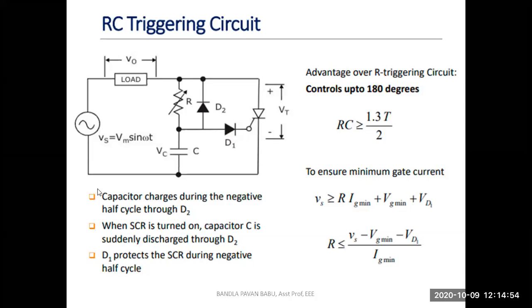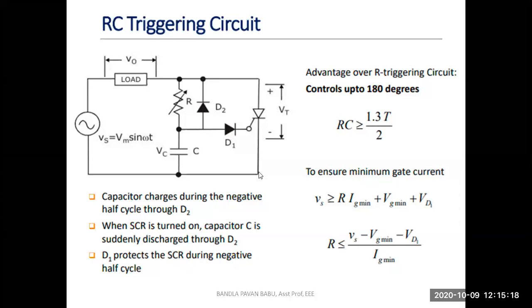RC is nothing but resistance capacitance triggering. The input voltage Vs equals Vm sin omega t, and a load is connected. The controllable resistance is R. Diodes D1 and D2 are connected, and a capacitor C to this SCR.